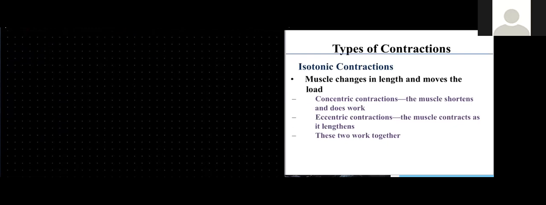Today we are looking at the two different types of contractions. So if I am able to create a muscle tension in this muscle, and the maximal force that can be created by this muscle allows me to pull 10 pounds, let's say.